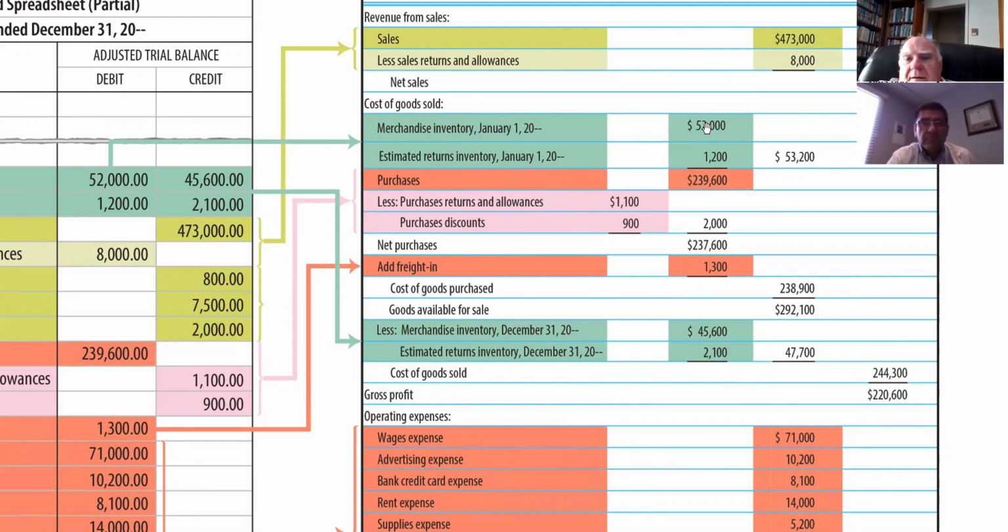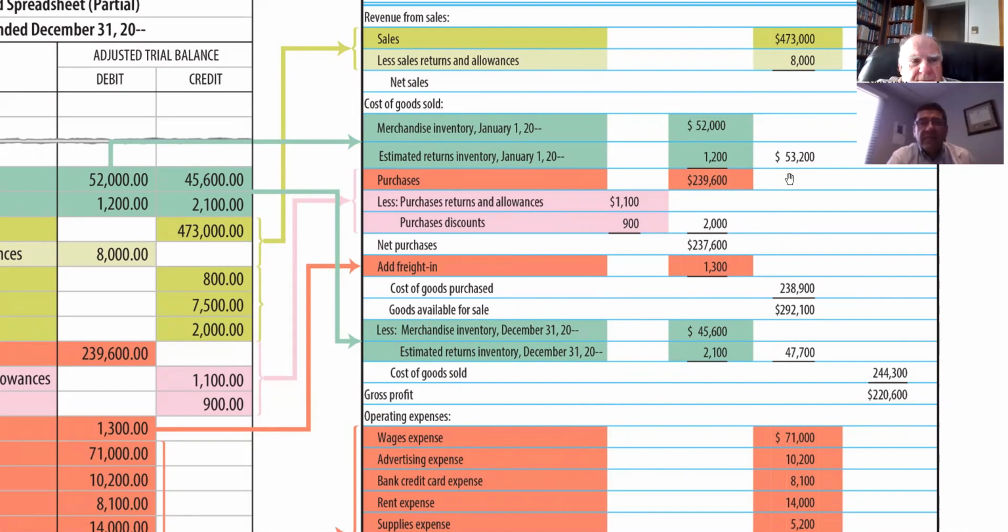So we take beginning inventory plus net purchases plus freight in, not freight out, freight in. And that's going to give us something we can call cost of goods available. They're giving us a separate line for cost of goods purchased. You don't really need to do that, I don't think.